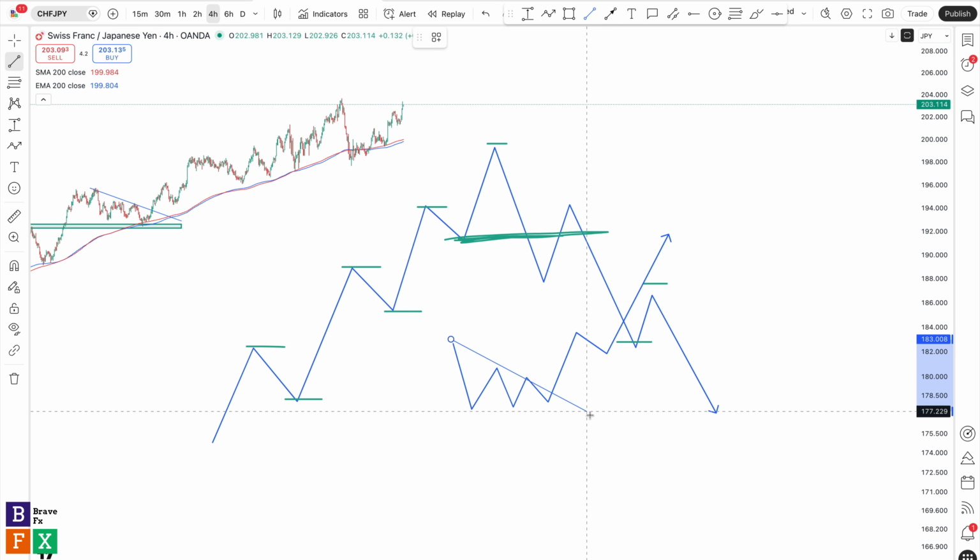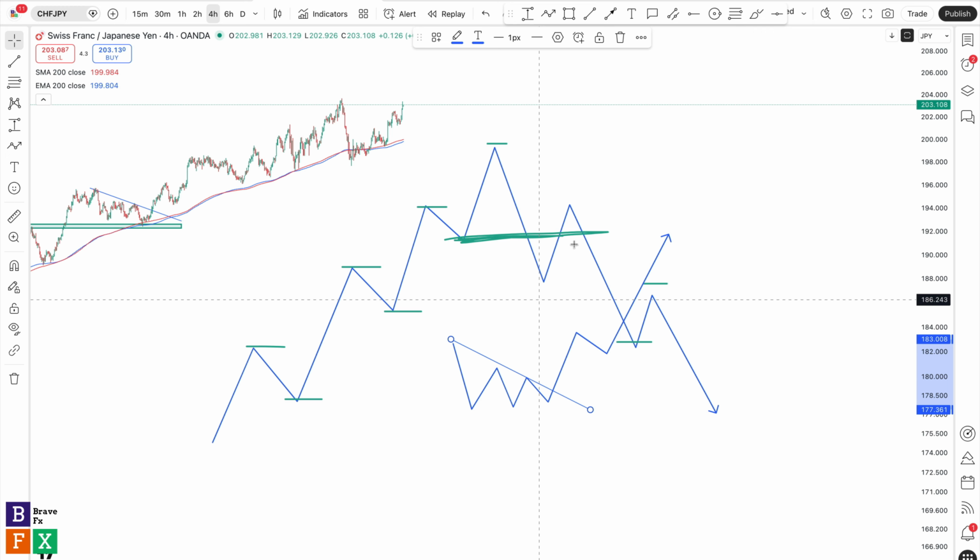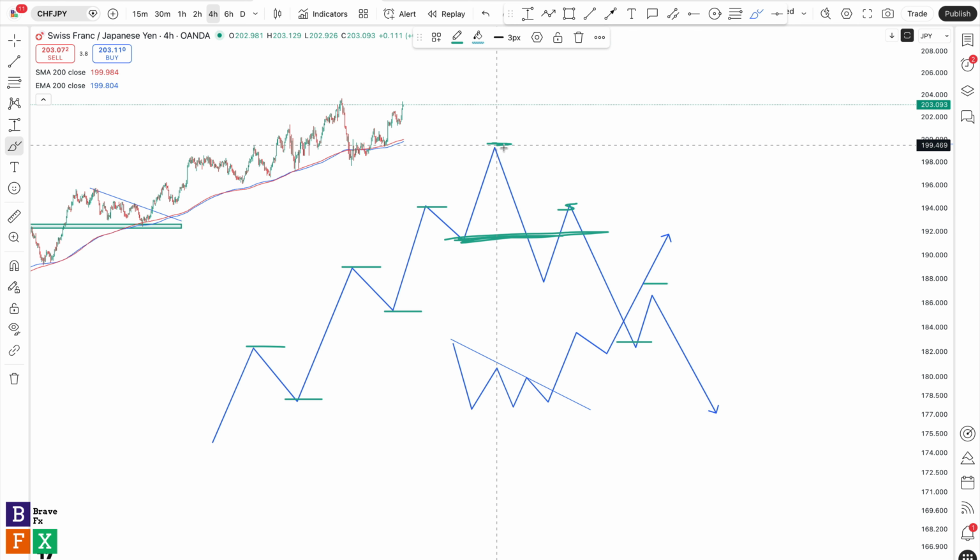So to reduce your chances of falling prey to this, you wait for price to create a lower high. So this new high has to be lower than this one, followed by a lower low. So by the time we take out this one again, then that's your confirmation that we are probably changing trend, and then you can look for opportunities to go short, right?